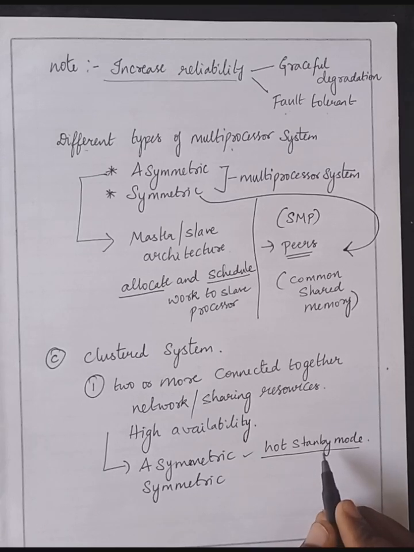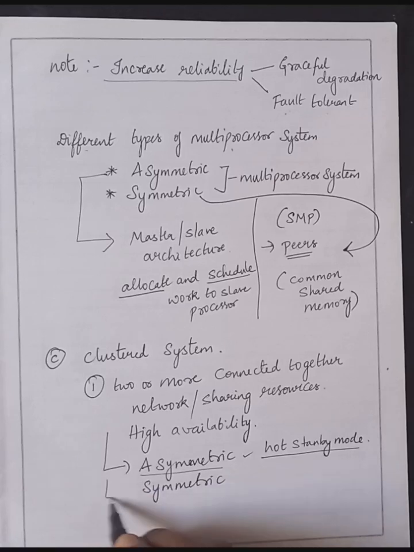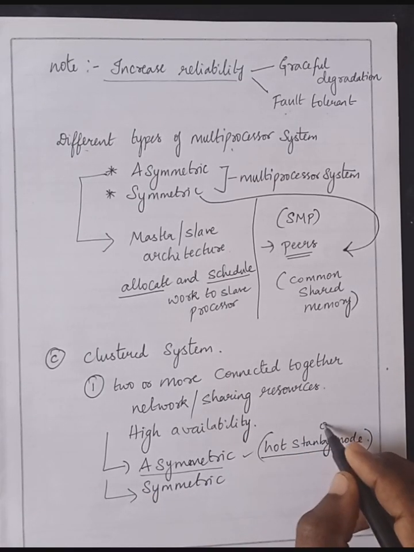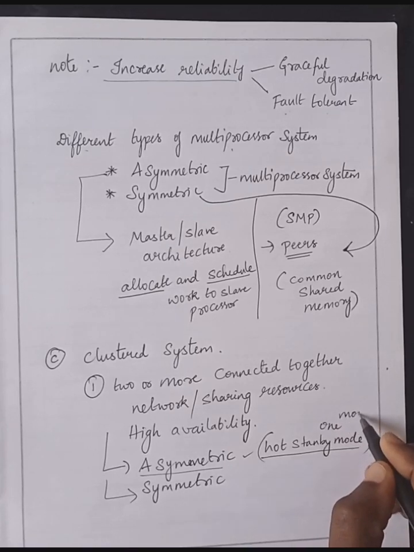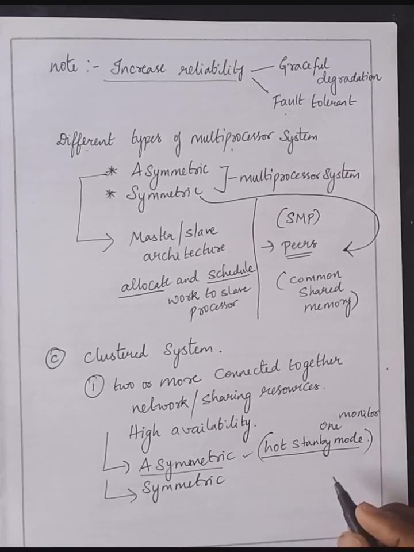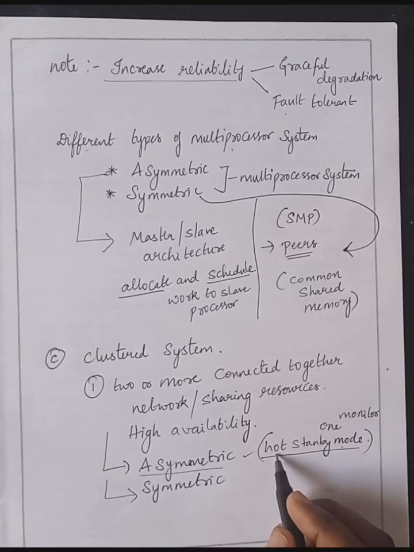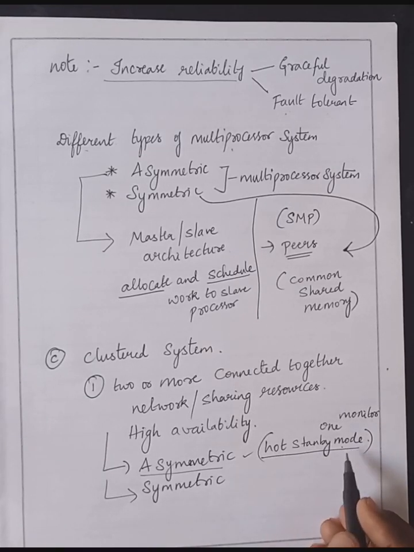Instead, it monitors the active server. One system will act as a monitor and control it. If one system fails, the other will automatically act as the hot standby and control the task.